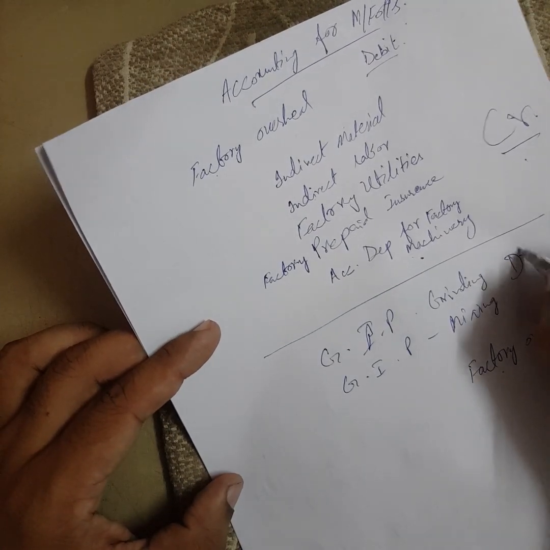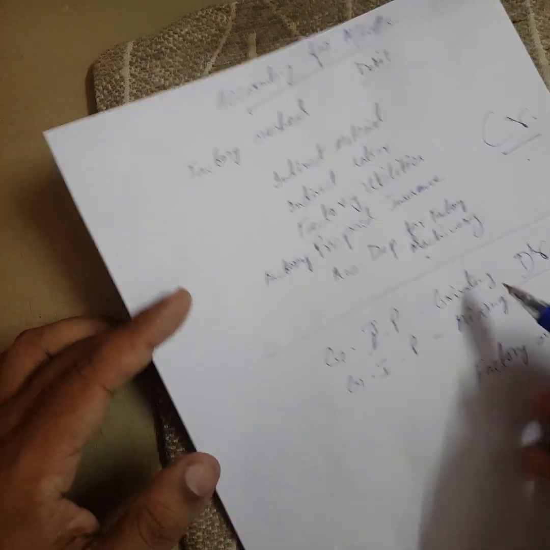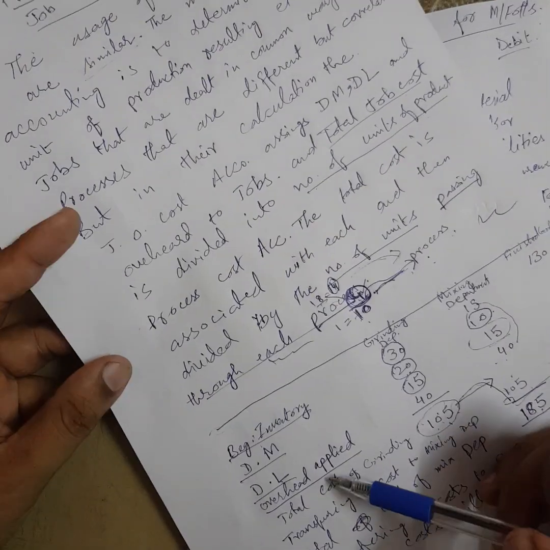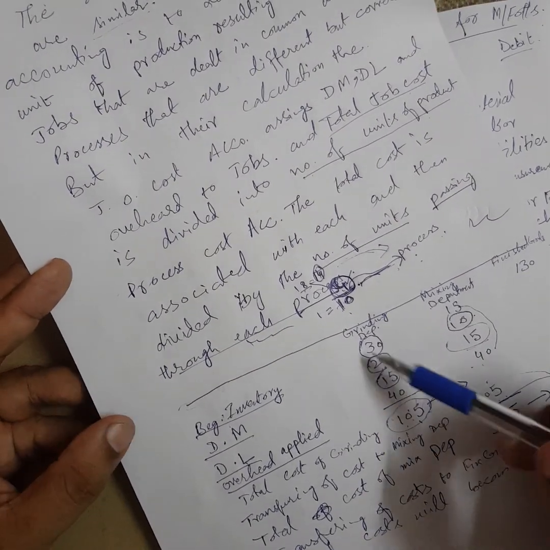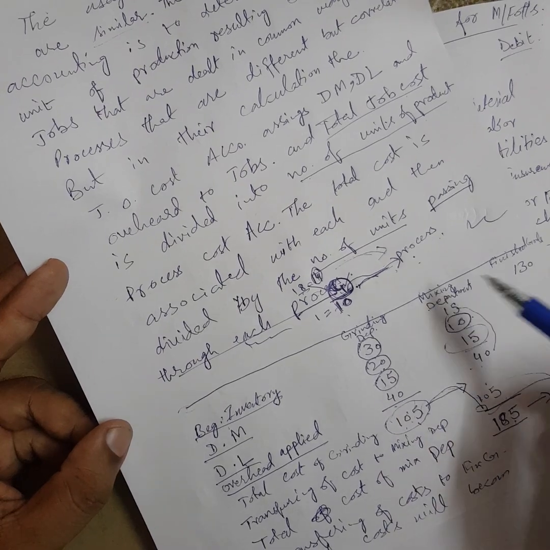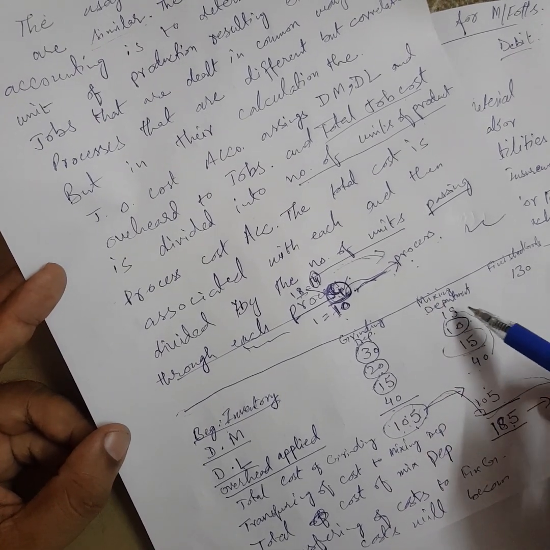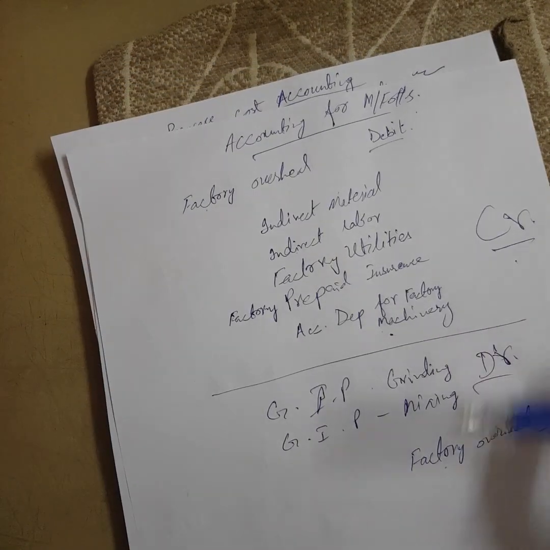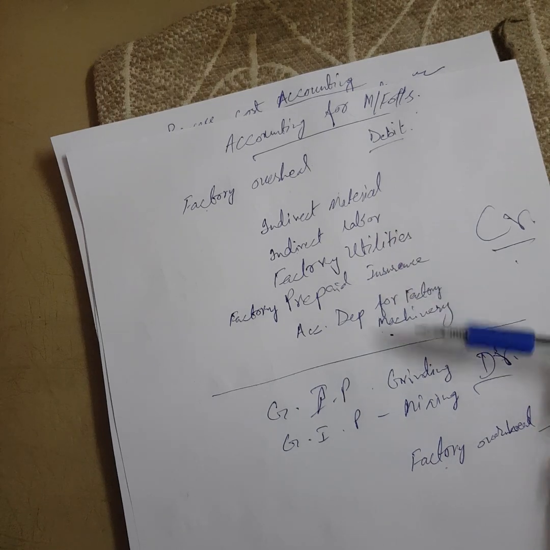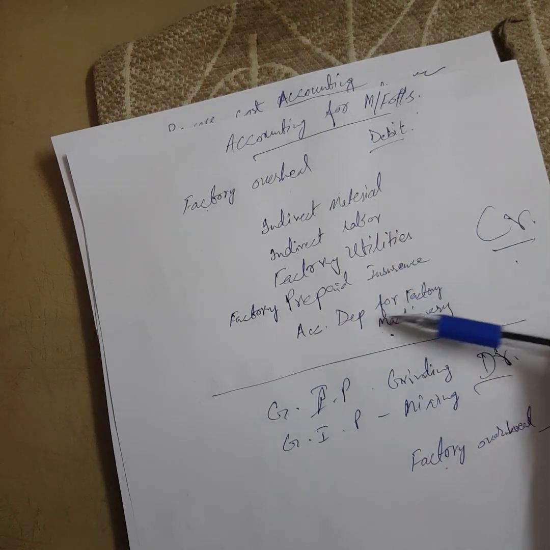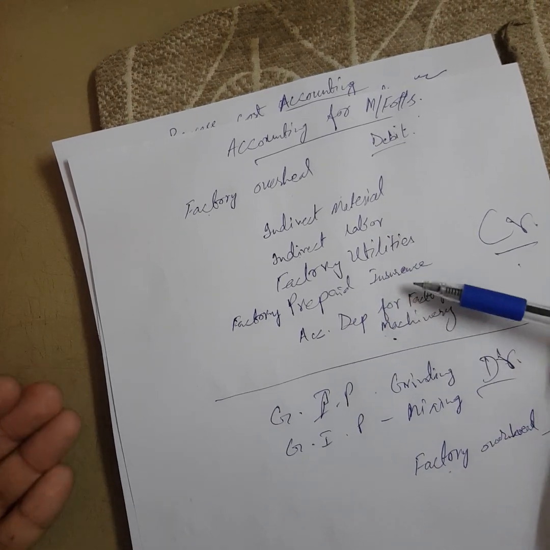These will be debited. Now what is the question, how will we differentiate it? This overhead applied sheet will reflect how much factory overhead is utilized in the grinding department and how much in the mixing department, as both process departments' utility bills, their insurances and their machinery depreciation will be different.